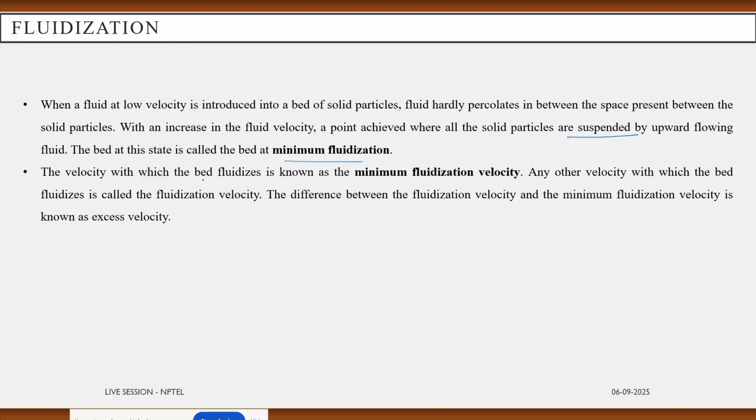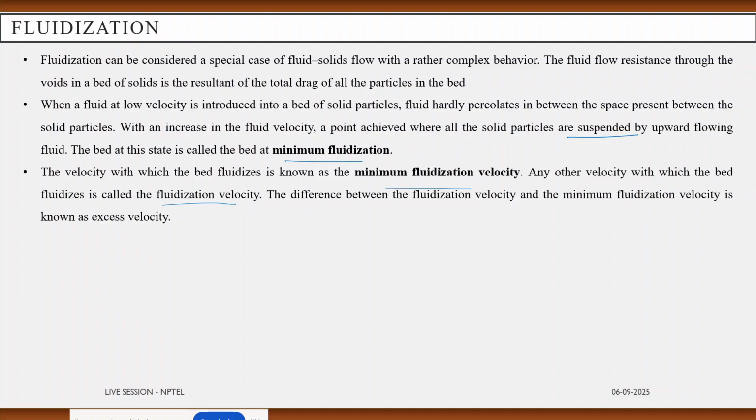The velocity with which the bed fluidizes is known as minimum fluidization velocity. Any other velocity with which the bed fluidizes is known as fluidization velocity. So what is the difference between minimum fluidization velocity and fluidization velocity? When you add excess velocity to the minimum fluidization velocity, you will get complete fluidization.